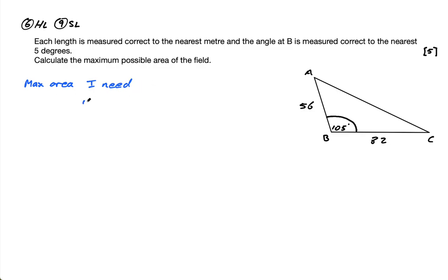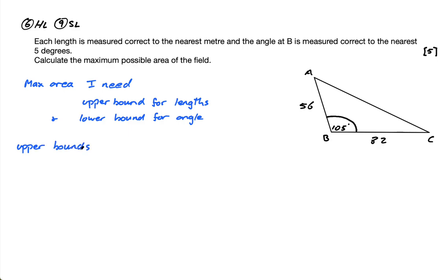Max area, I need upper bound for lengths and lower bound for angle. Now, as I say, guys, if this angle was like 70 degrees, you'd actually want the upper bound of the angle. You want the angle that gets you closest to 90 degrees, or even 90 degrees if that was an option. So, lengths, upper bound.